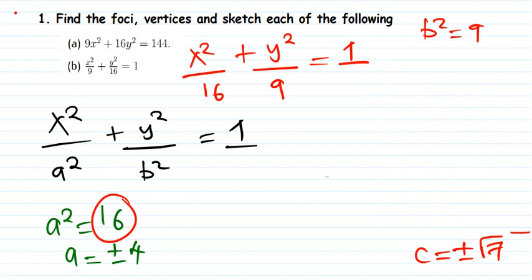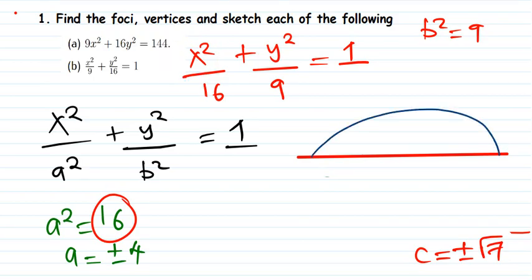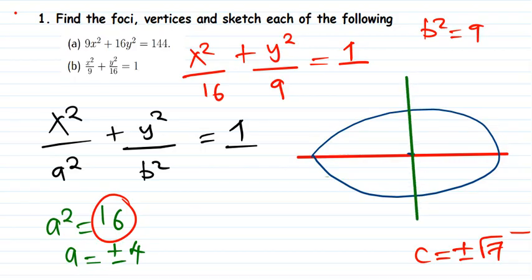What did I say? The major axis is along the x-axis if x has the greater denominator, right? So the sketch is going to be something like this. There's the center, the points of intersection with the minor axis, and then the foci, which should be inside.